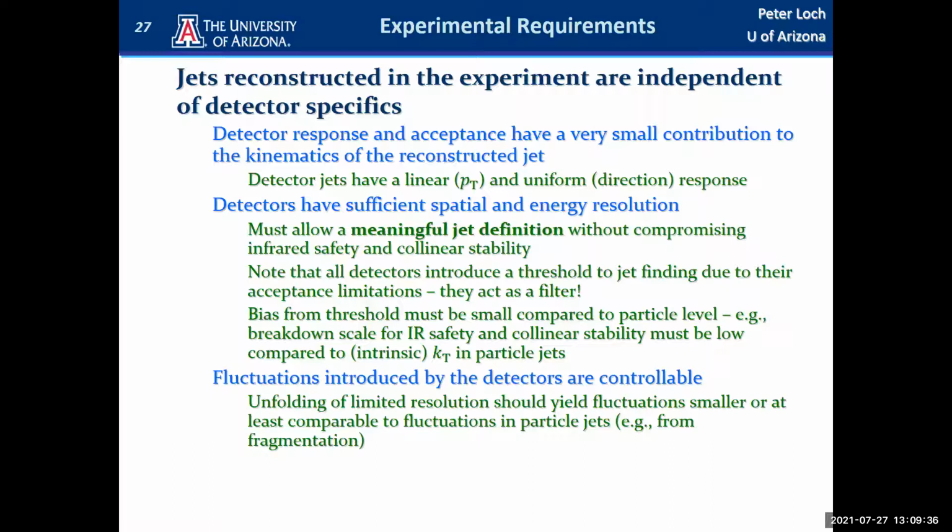But there's also the noise from pileup, which we will have to talk about tomorrow a little bit. All these biases, thresholds, and intrinsic infrared unsafety must be small compared to what's going on in the particle flow inside a jet. I think we are quite close to that being true in ATLAS and also in CMS. So we really have a good detector to measure jets.